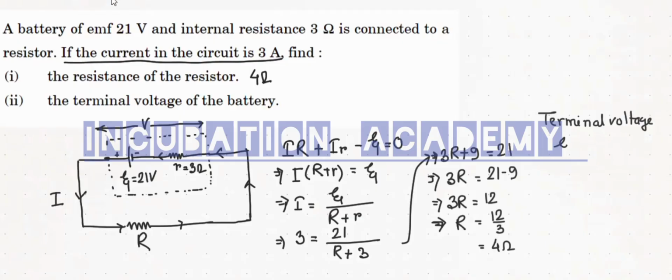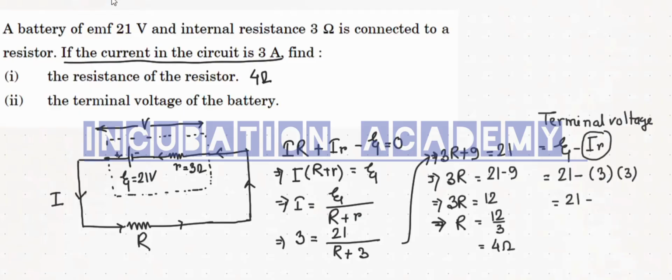Try to understand that here capital E is 21 volt, from which the current is coming out, and I r is the potential drop across the internal resistance. So this much it is reduced. It is 21 minus I times r, where in the question I is given as 3 and the internal resistance is given as 3. So it is 21 minus 9, that is equal to 12 volt.